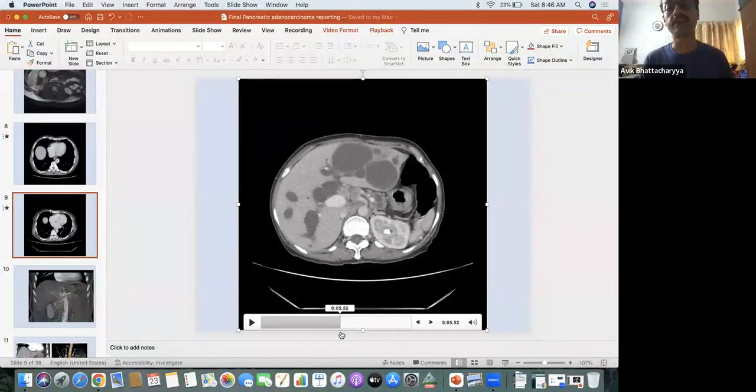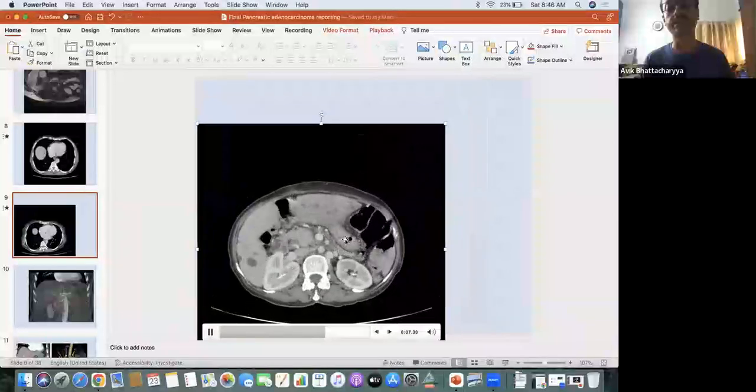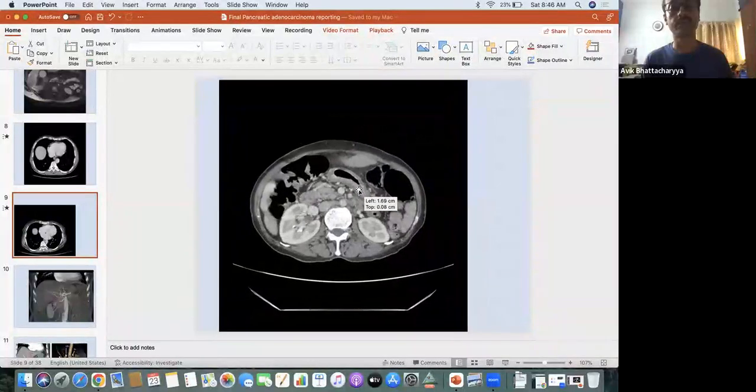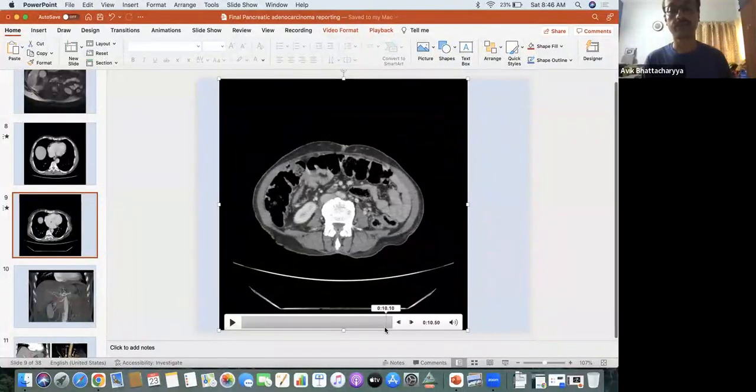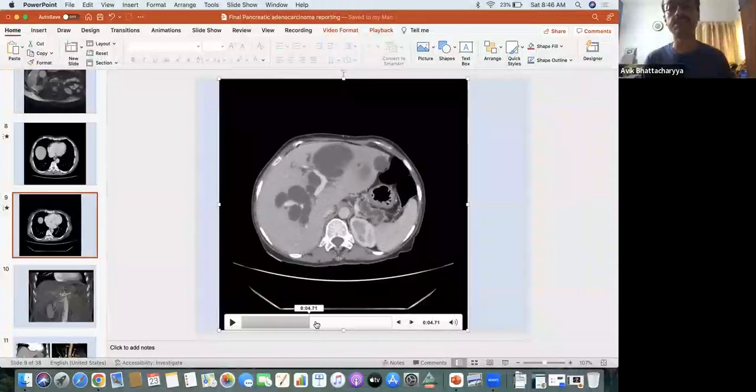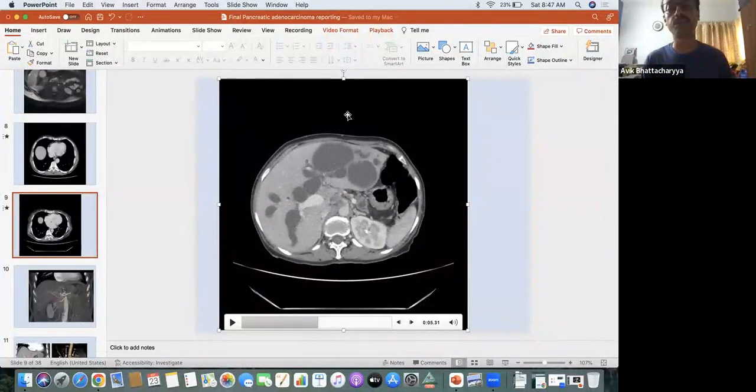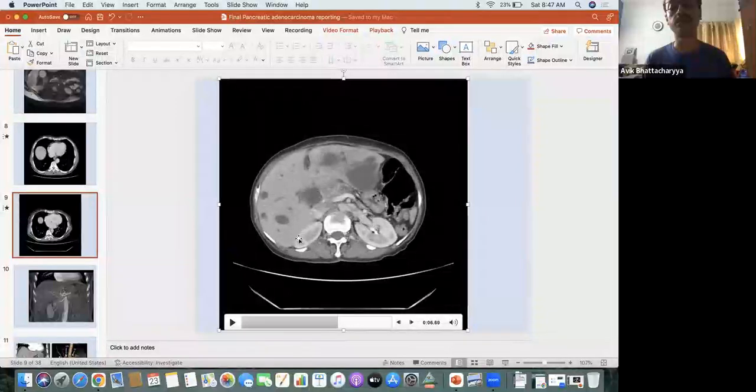Anyway, there are two big cystic lesions in the left lobe of the liver. These are not dilated intrahepatic biliary radicals; these are hepatic cysts. One is bulging the contour of the left lobe. And if I track it down, this is the common bile duct again, which is dilated.